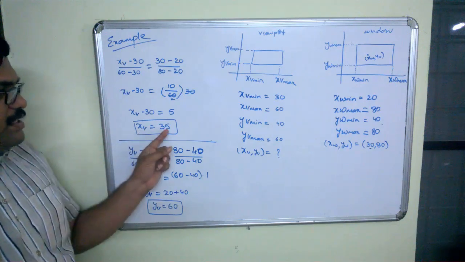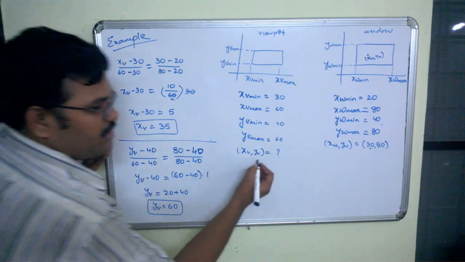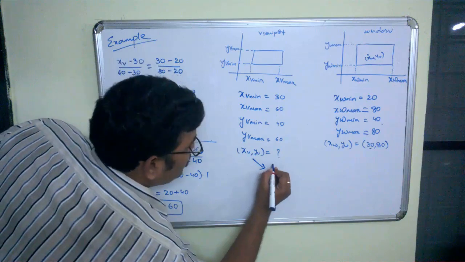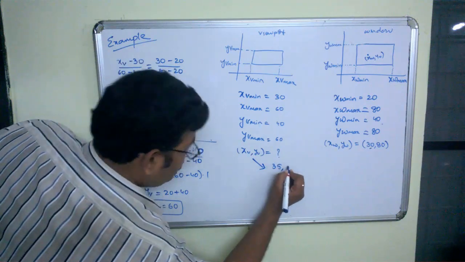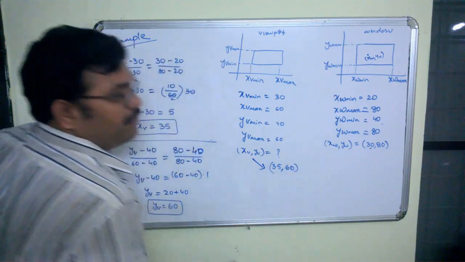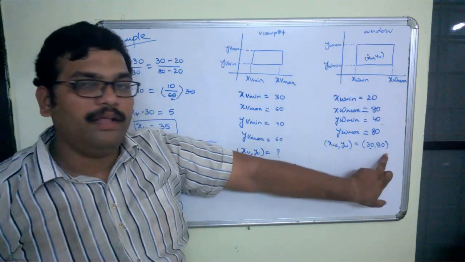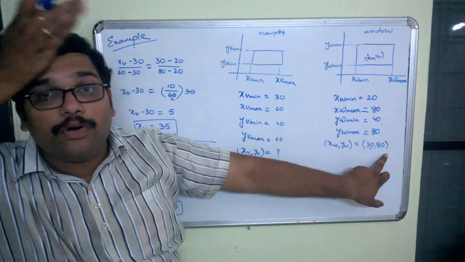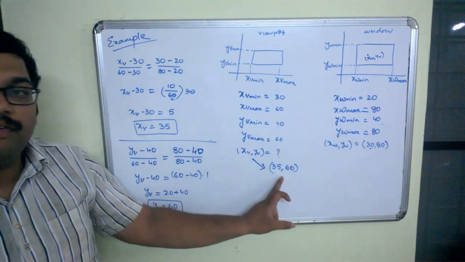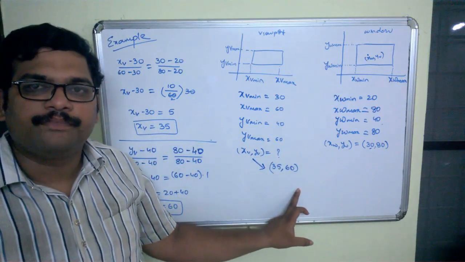So XV is 35, YV is 60. So XV comma YV is 35 comma 60. If we consider a point in the window as 30, 80, the corresponding viewport coordinate will be 35 comma 60.